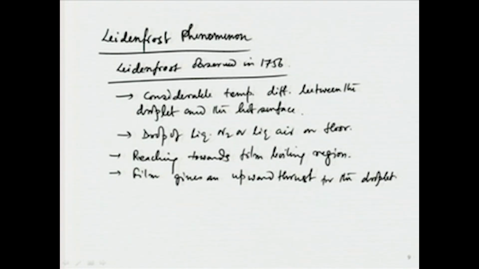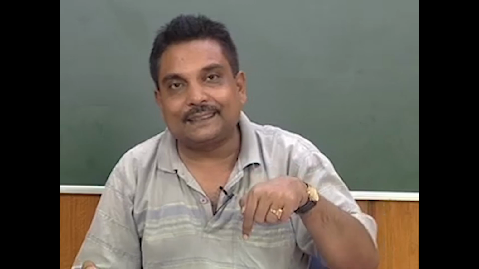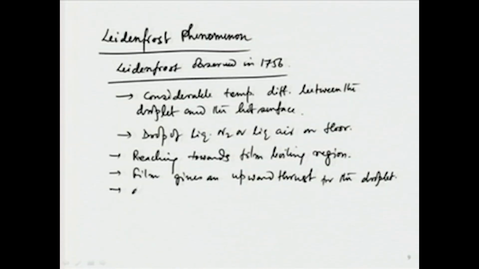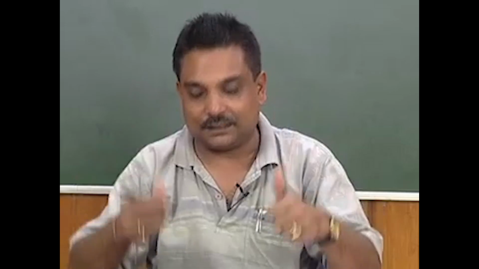Then the droplet will come upward and the vapor part will go, and then again the droplet will fall down. The droplet size is reduced and it falls back on the surface again, and again a similar vapor layer is formed, and then again an upward thrust, like that.